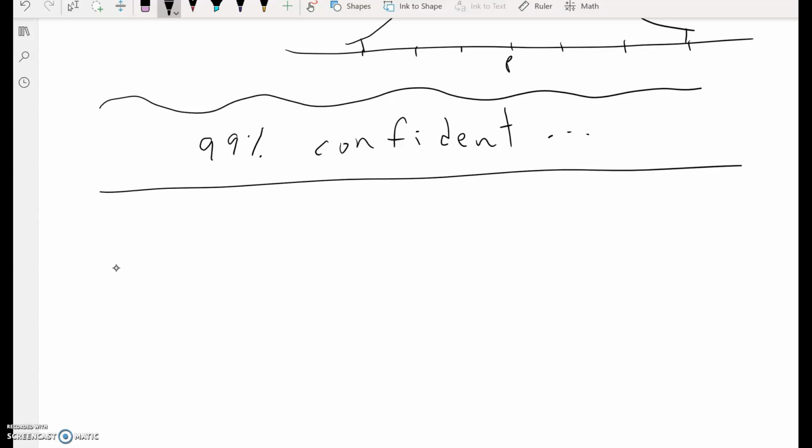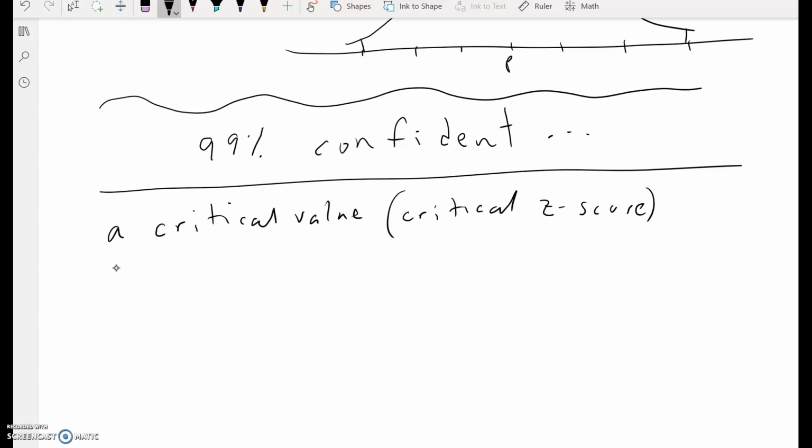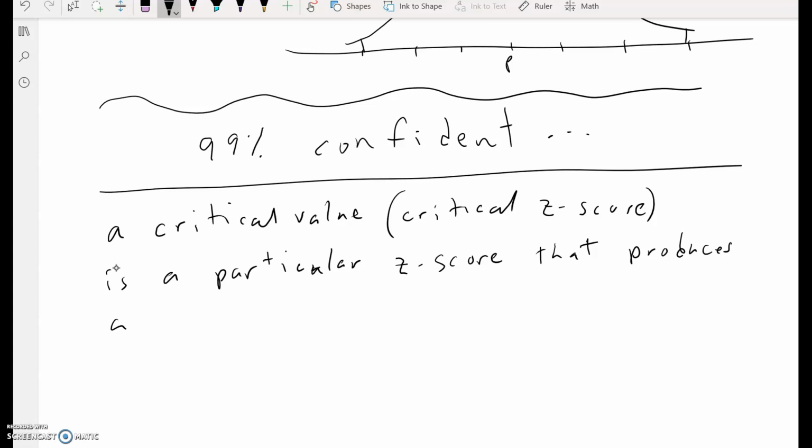A critical value, or critical z-score, is a particular z-score that produces a desired area under the normal curve.